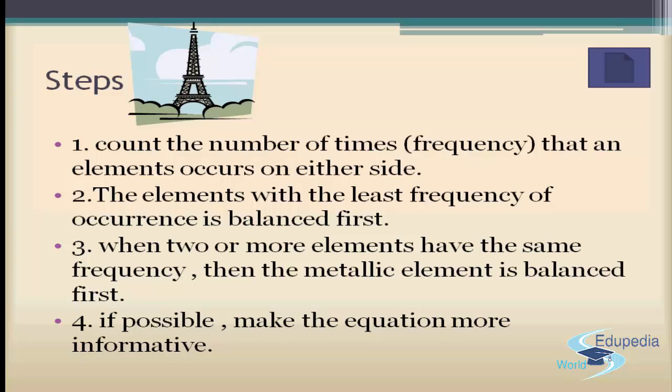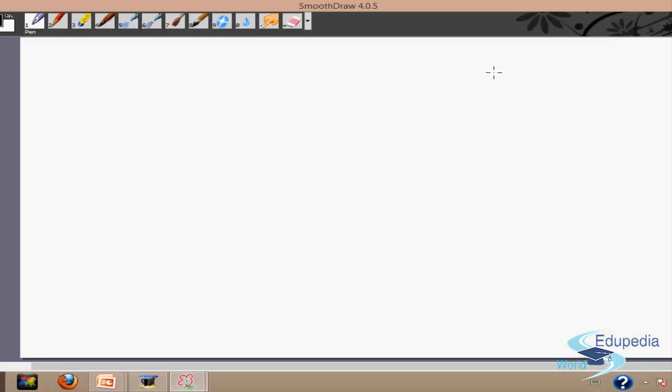Third, when two or more elements have the same frequency, then the metallic element is balanced first. And if possible, to make our chemical equation more informative, we can put in some signs and subscripts. Let's find out with a small example to make you understand the balancing of chemical equations. I'll take a very small example which will help you understand these steps.